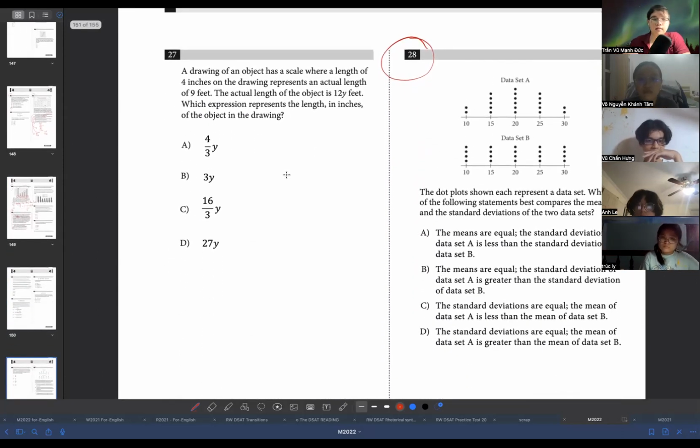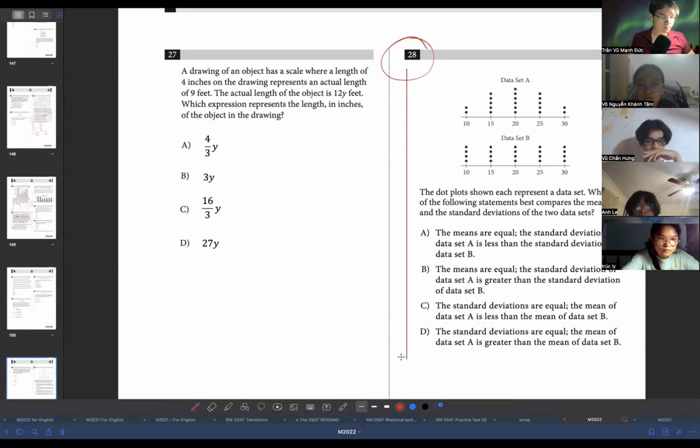28. It's your turn, Lina. 28. Oof, it's A. Let's see. What is the mean? How can you calculate the mean? And what is it?